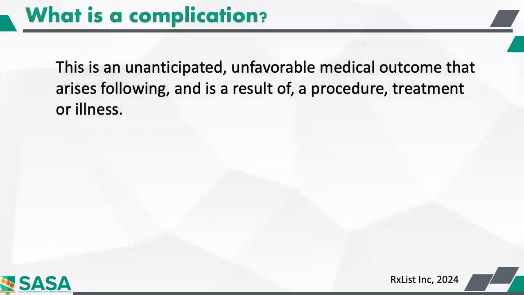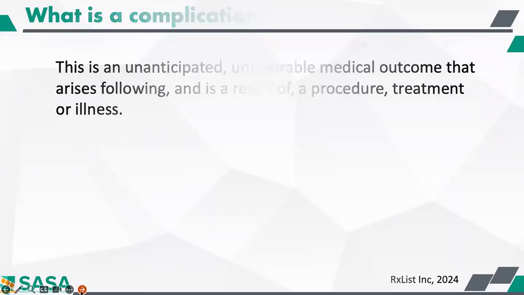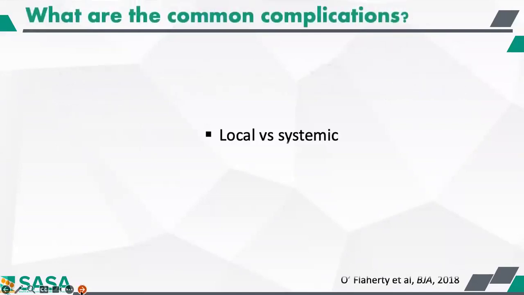So what is a complication? A complication is an unanticipated, unfavorable medical outcome that arises following and is a result of a procedure, treatment, or illness. When it comes to peripheral nerve blocks, the main complications are divided into local or systemic.